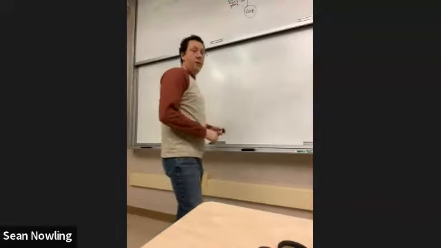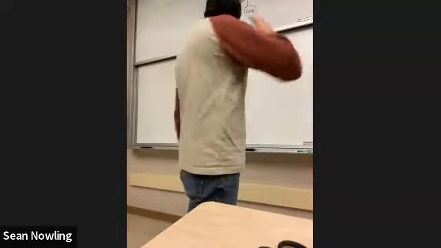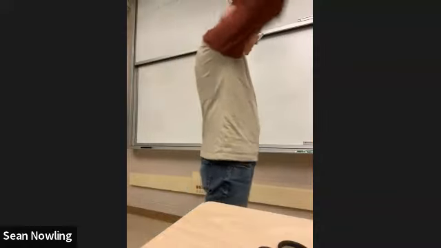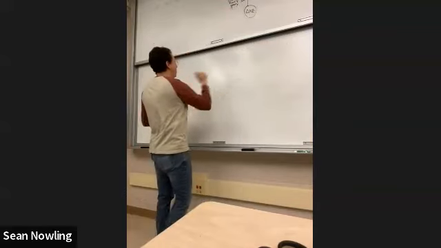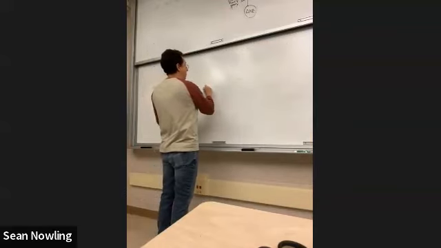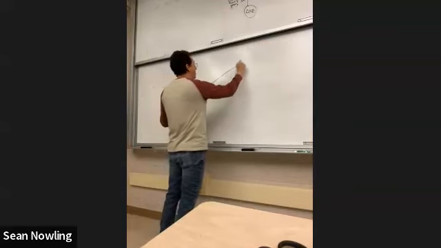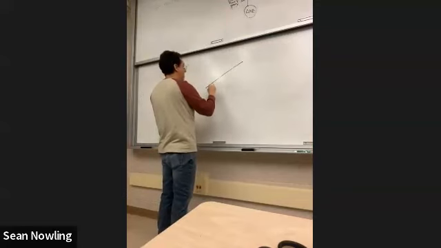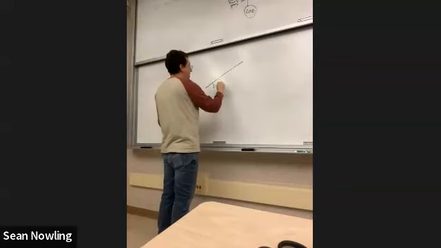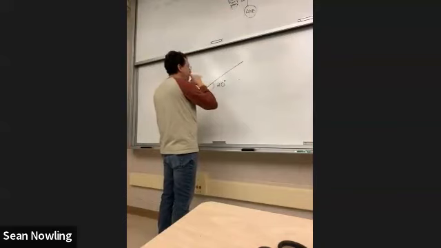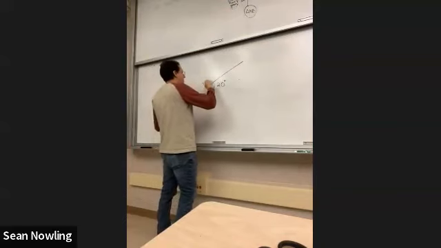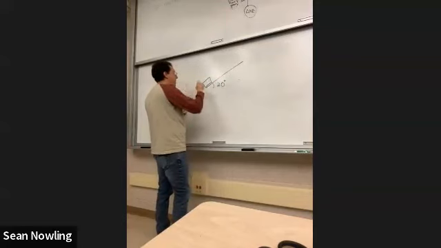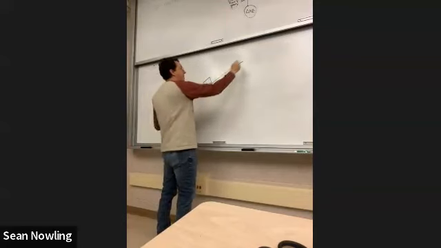Let's do another problem. Let's imagine we have, okay, let's ignore friction first. So let's say we have a hill at an angle of 20 degrees. Let's assume we have a block.